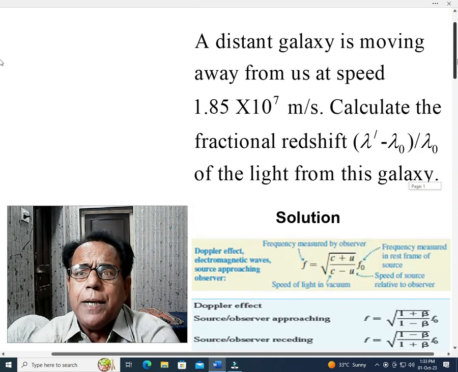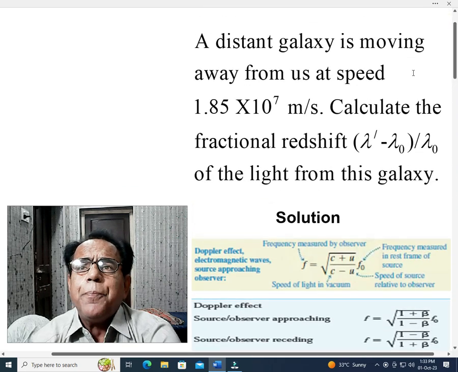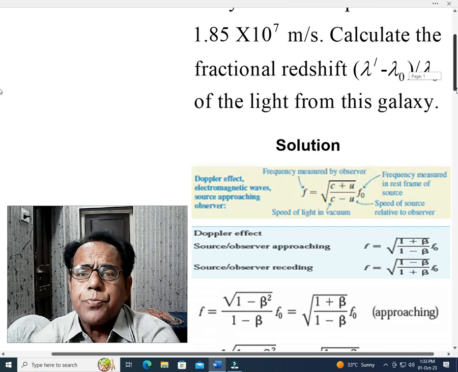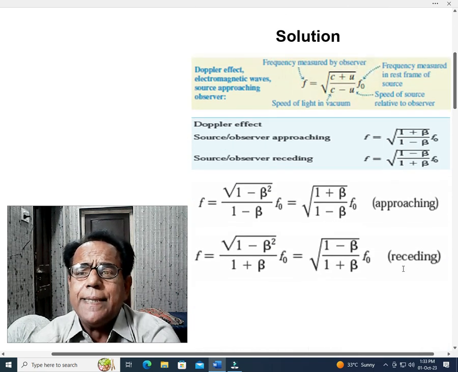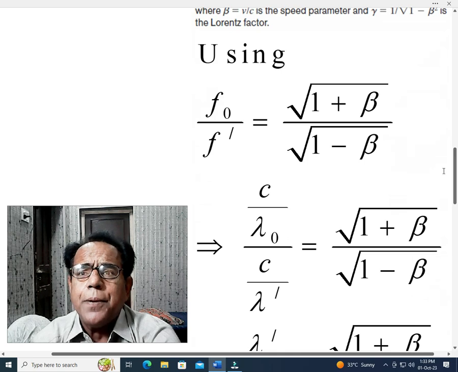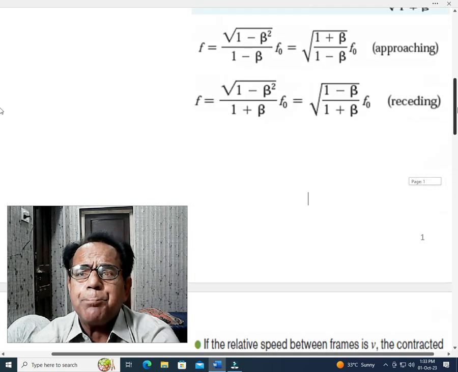Because in the statement it is given that the galaxy is moving away from us, meaning receding, and the receding case is this, in which 1 minus β is on top and 1 plus β is in the denominator.